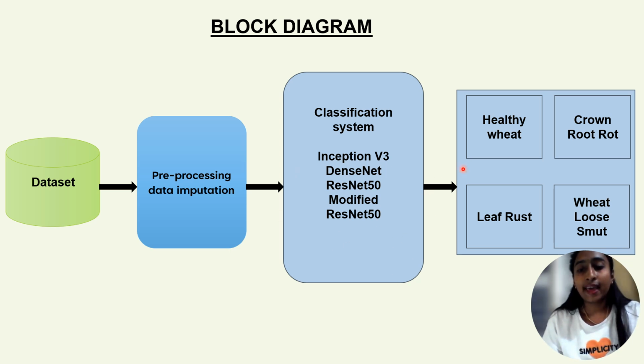Then it will classify into four wheat leaf classes: healthy wheat, crown root rot, leaf rust, and wheat loose smut. These are the different outputs we'll be getting after introducing these 4500 images, which consist of all types of wheat leaf diseases.